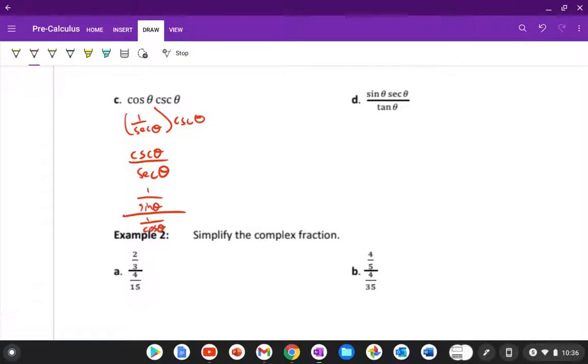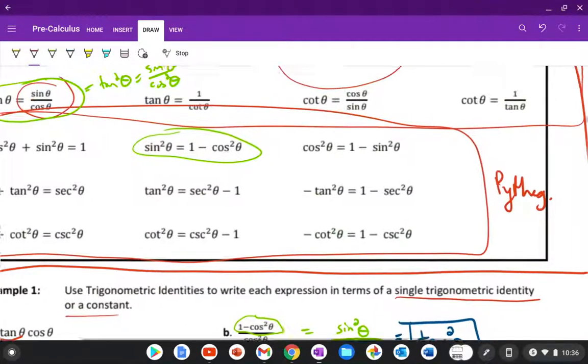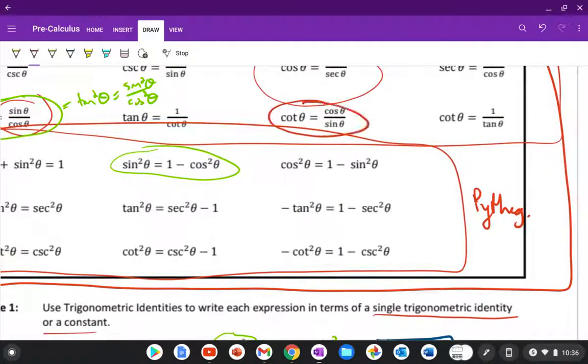And then you have to end up doing some flipping and multiplying, and this ends up as 1 over sine theta times, we flip the bottom and multiply, cosine of theta over 1, so then we get cosine of theta over sine theta, which is a trig function that we know, cotangent of theta.